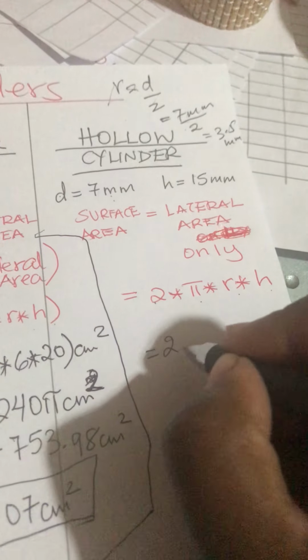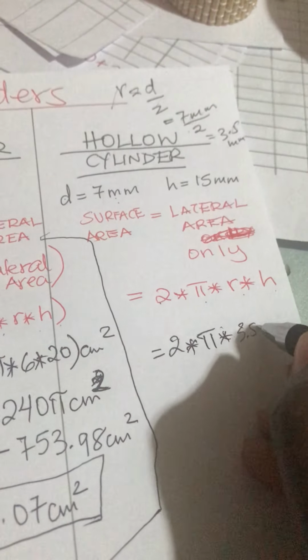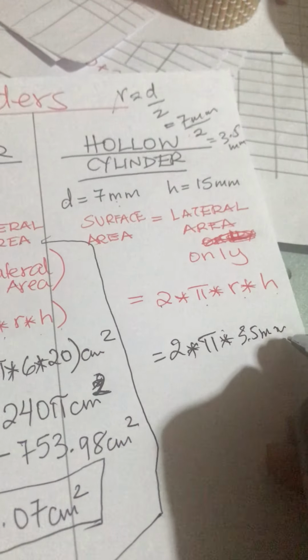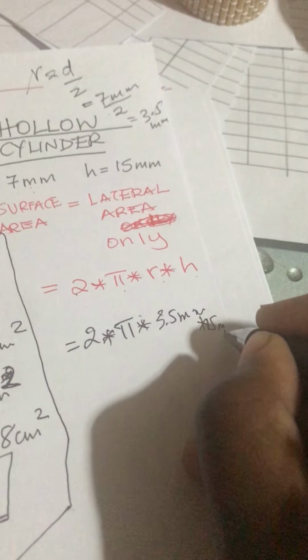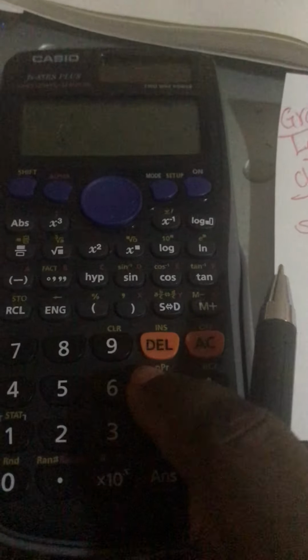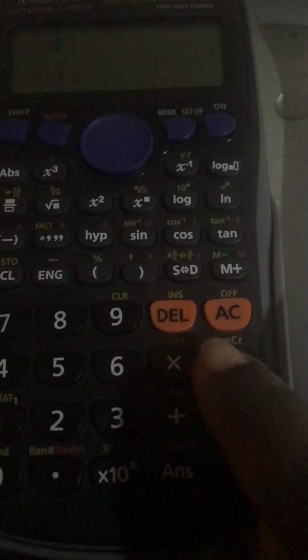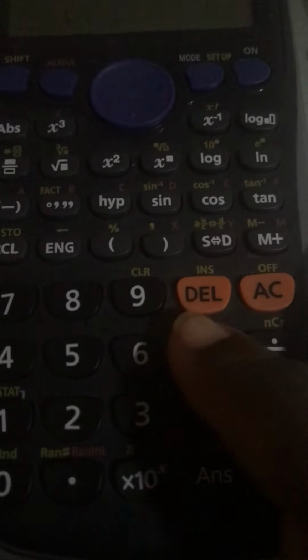So then I will do 2 times pi times 3.5 millimeter times the height, which is 15. Then I come to my calculator, 2 times shift pi times 3.5 times 15.